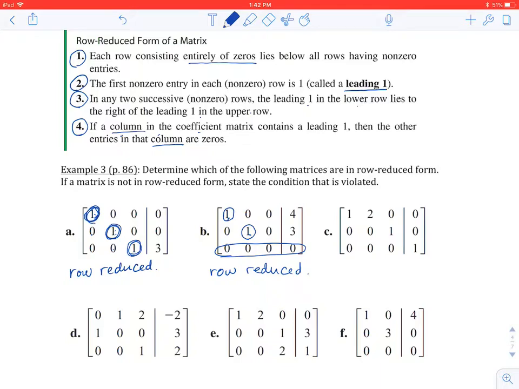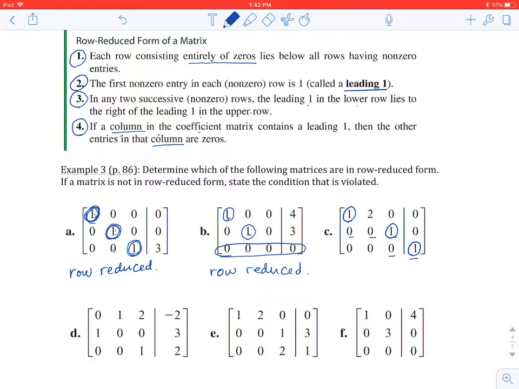All right, what about C? There are no rows of all zeros, so we're okay there. Each row either starts with a 1 or some zeros and then a 1. Satisfies number 2. In any two rows, one after the other, we have to go down and to the right to get to the next one. Down and to the right. So yes, it really does satisfy 3.